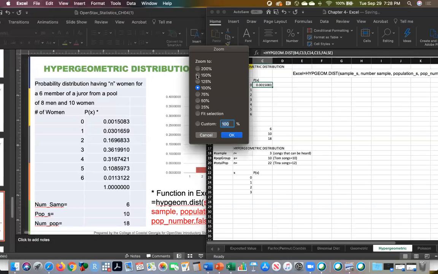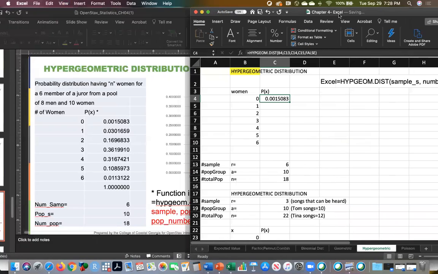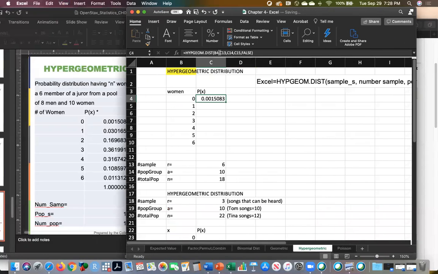I think that will help everybody, including my eyes. So in this case, I'm going to put a dollar sign in C13, in C14, and in C15, right? Now we are fine.